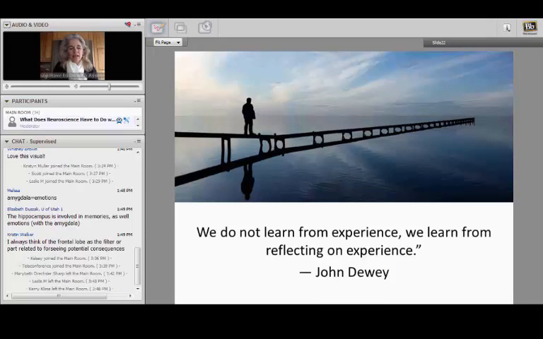The other part of this is that we, and I know I'm preaching to the choir here, have to continue to step back and say, we need to allocate time for reflection. We don't learn from experience. We learn from the reflection of the experience. John Dewey said that a long time ago. And what we're understanding, again, through cognitive neuroscience and other neuroscience fields, is that it seems to be true.